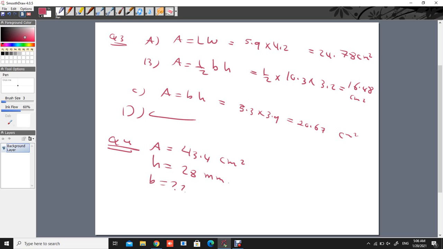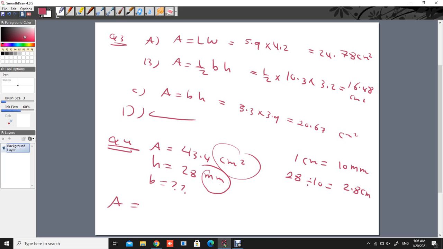You need to find the base. Look, this is centimeter squared, this is millimeter. You can't work with different units. So here convert millimeter to centimeter. 1 centimeter equals 10 millimeter. So 28 millimeter divided by 10 equals 2.8 centimeter.